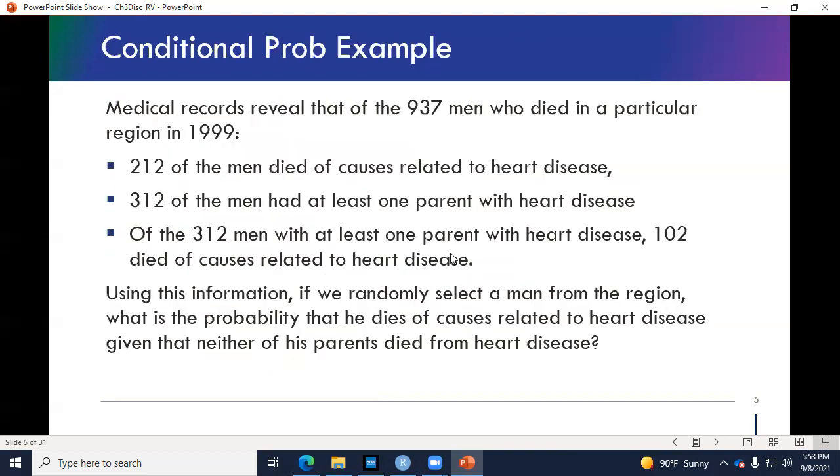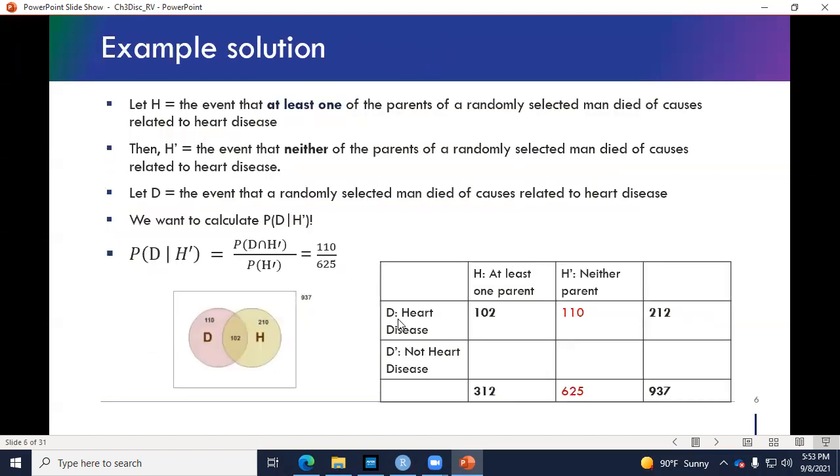And the last number that we were told is that out of these 312 people, with at least one parent with heart disease, this many died of causes related to heart disease. So this number is a part of this, and this is where we put it.